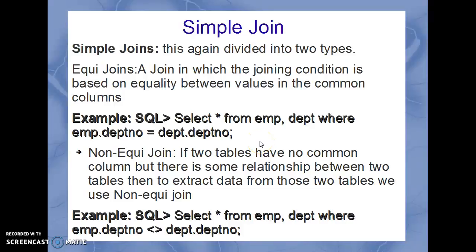Let's see the simple join operation: select star from the EMP table and the department table where EMP.department number equals department.department number. If the condition is satisfied, it retrieves the combined columns. Suppose a department number is 111 in both tables. If both match, the row is retrieved.